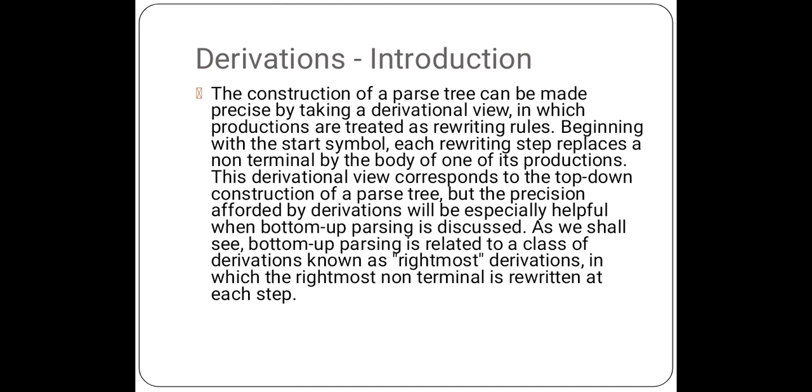The context free grammar consists of a few symbols: start symbol, non-terminals, terminals and productions. These are the four important items in context free grammars. During derivations we use these four symbols, and using them we construct the parse tree.